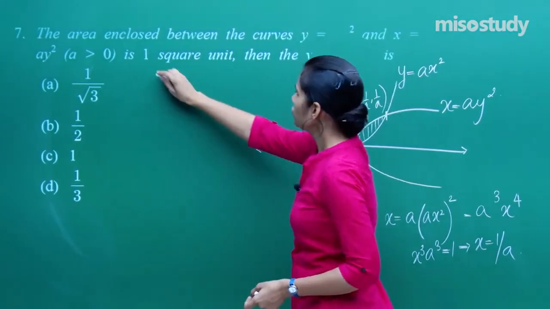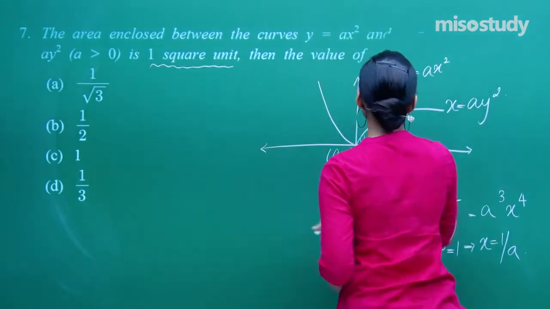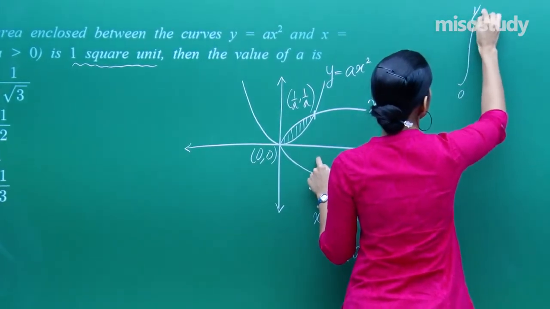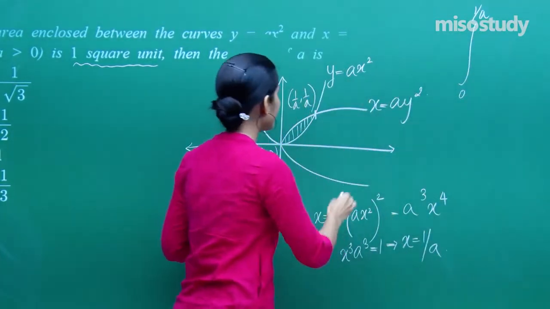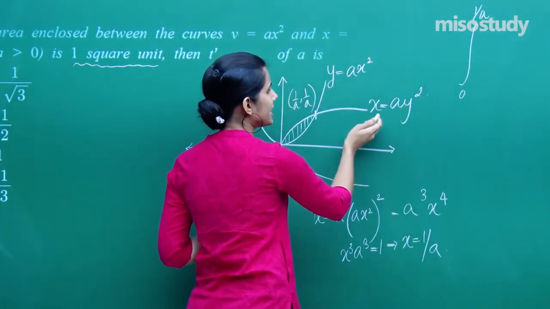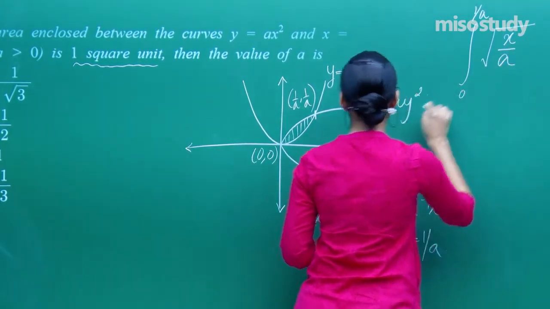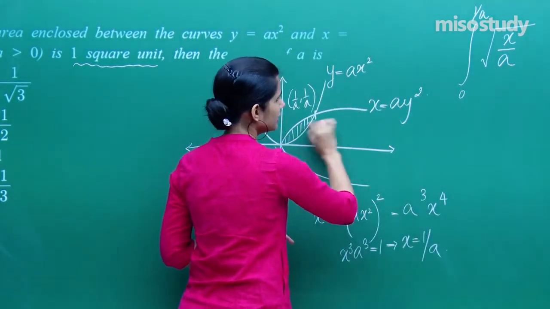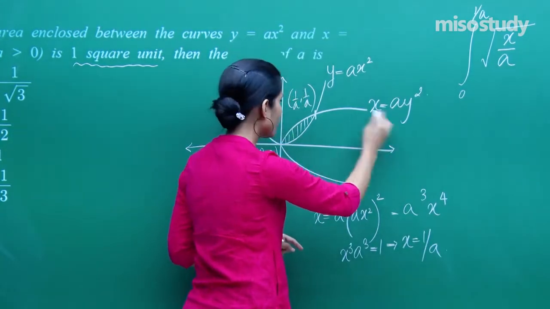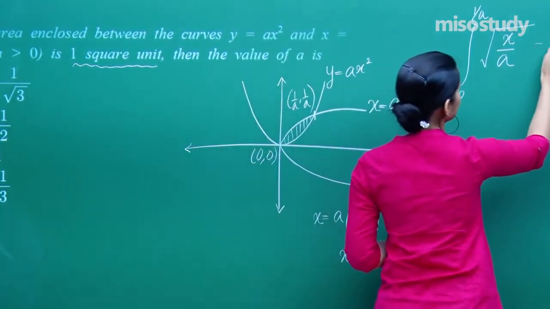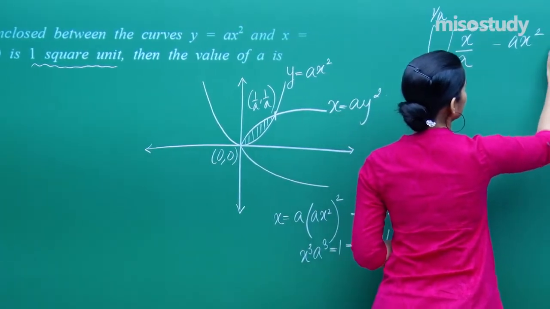So what is given to you as 1 square unit is actually from 0 to 1 by a, y equals root of x upon a, because it is this curve, root of x upon a positive, minus this lower curve, which is y equals ax square, dx.